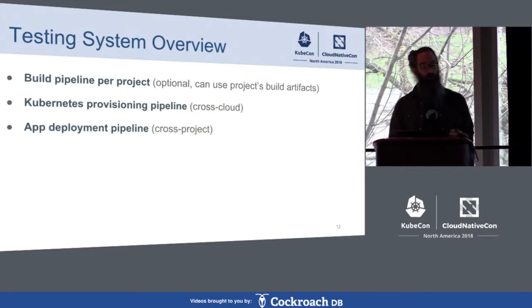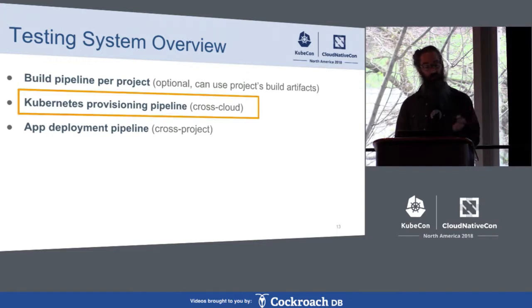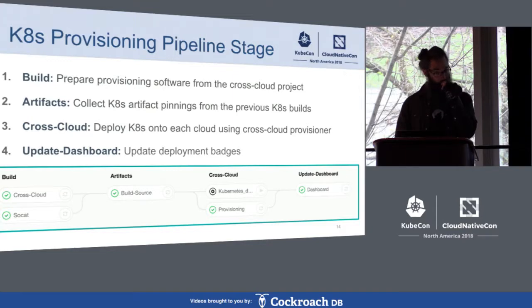You have that build pipeline, the Kubernetes provisioning pipeline, that's CrossCloud, where we're going to be focusing today, and then CrossProject, which does the app deployments. And then all of these can run different tests, including integration and end-to-end tests, whatever we have to work with from the project.